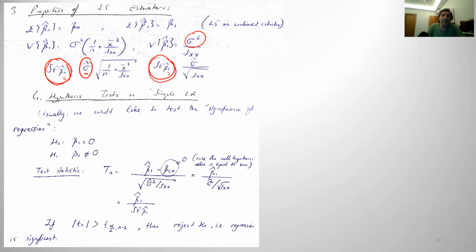So I'm going to be using the t-distribution property of the parameters in the next topic, hypothesis tests in simple linear regression. When we were dealing with single random variable cases, we were dealing with the population mean, sigma square, all these things.